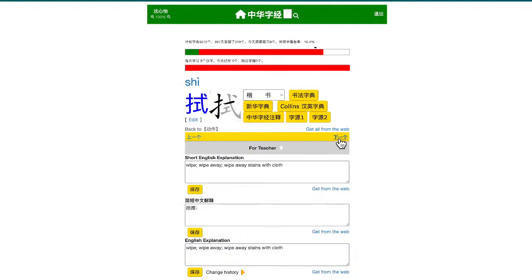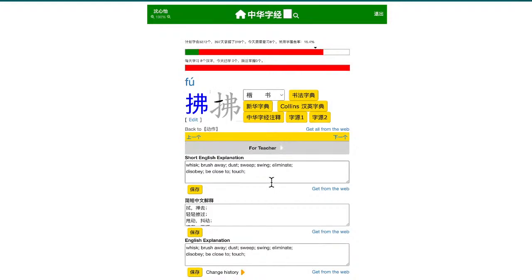When you're doing that kind of process, you always follow some standard in order to fulfill the goal that you had in mind. That's why they have this character 式, which means a standard, a rule that you have to follow. Okay, so this is 拭.